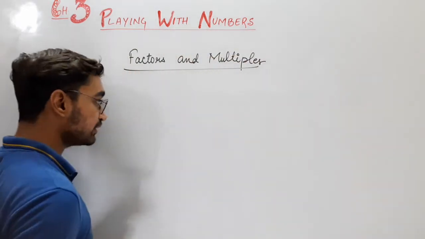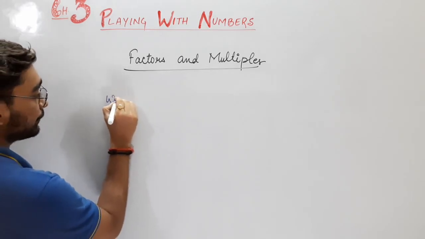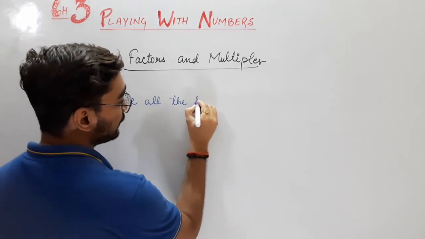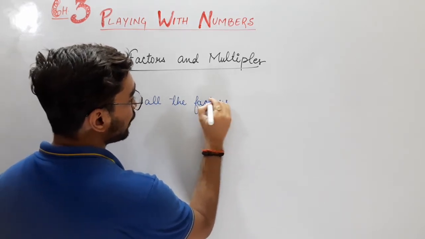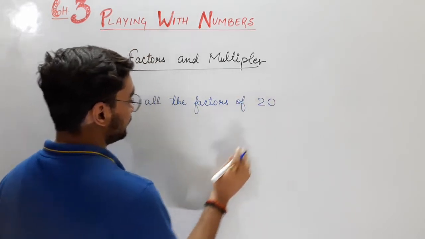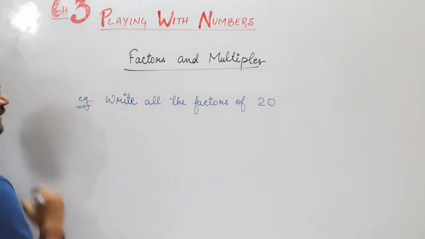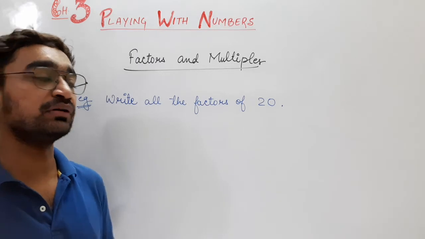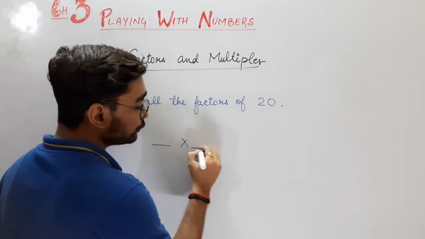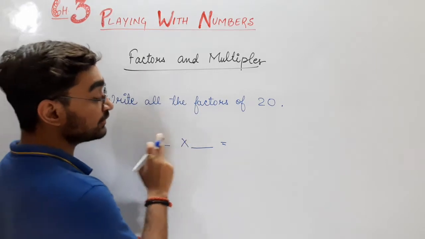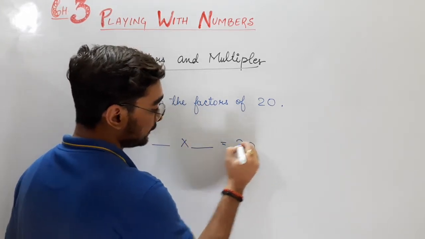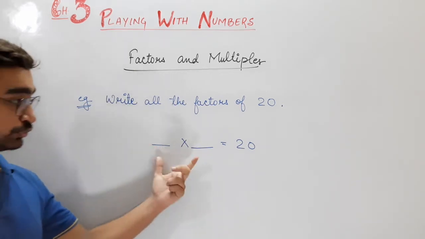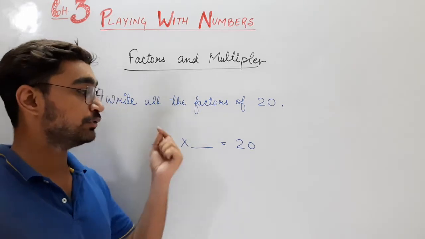For example, I am asking you, write all the factors of 20. Factors means what two integers we should multiply together to get 20.